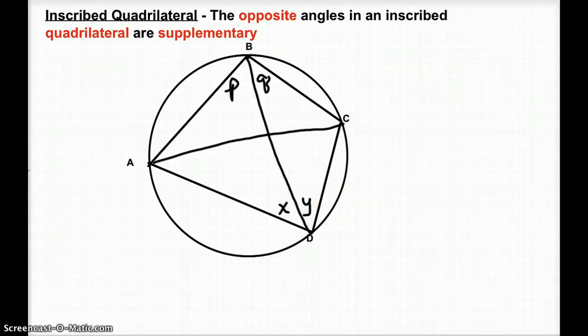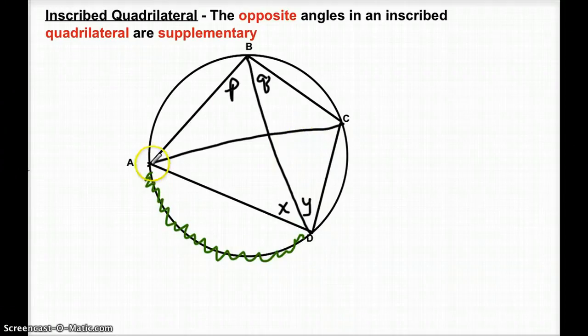Now, if I go back up to angle ABD, that's an inscribed angle that intercepts arc AD. If I look for another inscribed angle that intercepts that same arc, I can see the angle ACD also intercepts arc AD.